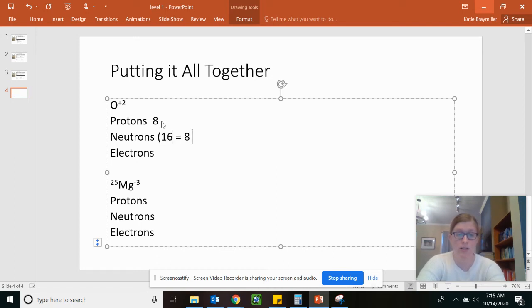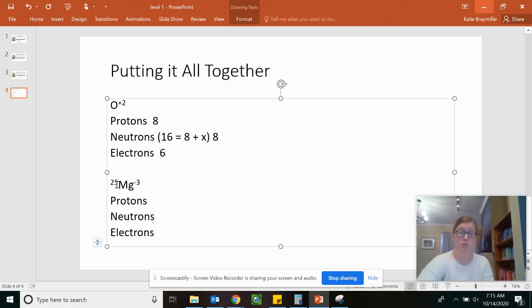We know the protons equal 8, so as a result, our neutrons should also equal 8 because mass equals protons plus neutrons. Our electrons here would usually be 8 because they're usually equal to the protons, but since it has a +2 charge, that means it lost 2 electrons. So instead of having 8, it will now have 6.